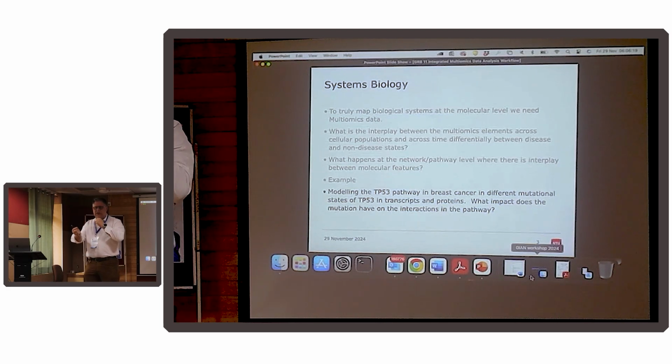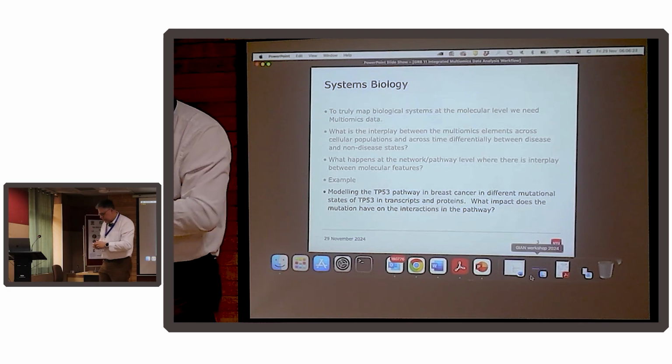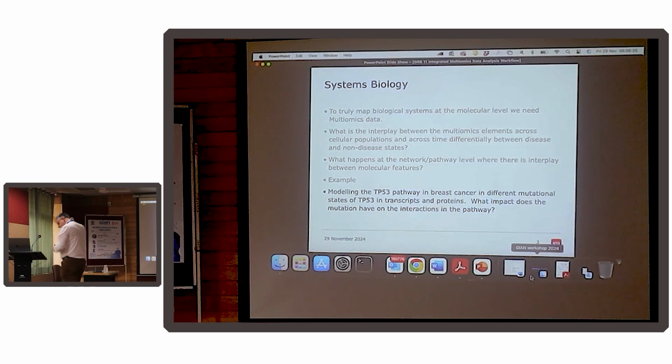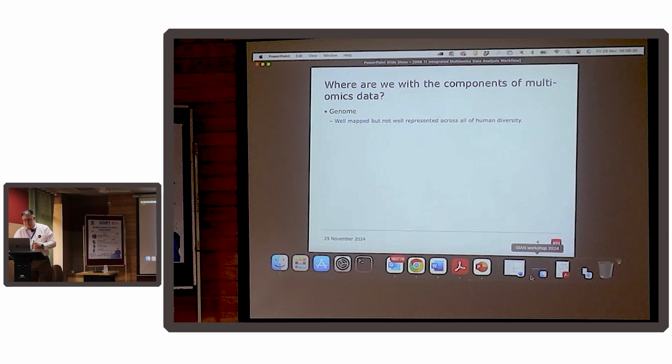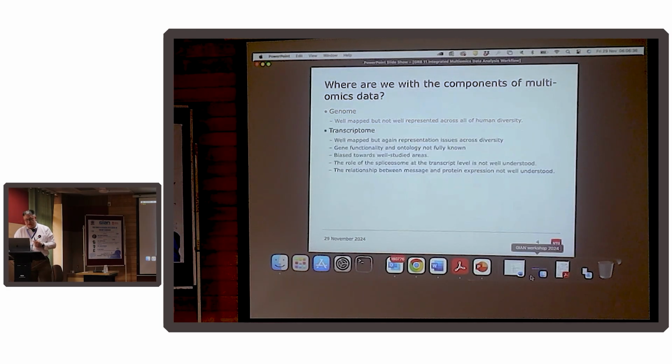How does it impact on its stability and what features are coming out? So there were components of the multiomics data. I'll just zip through this. We've got the genome, we've got the transcriptome.